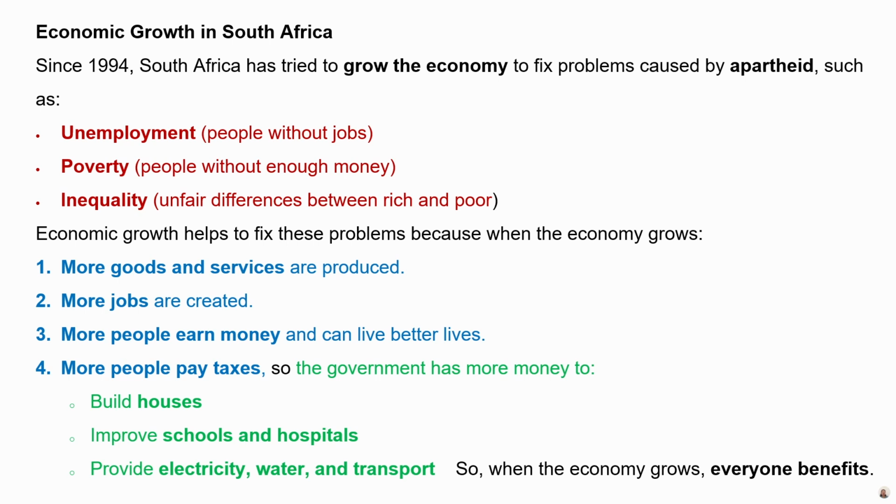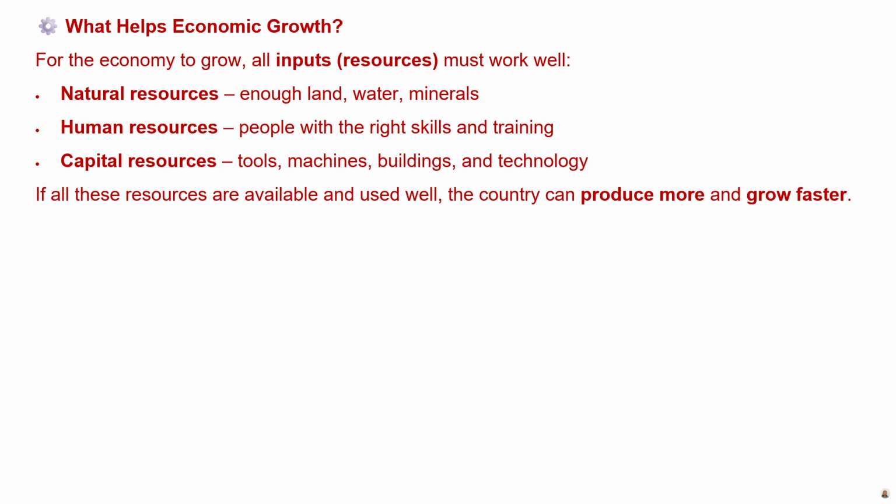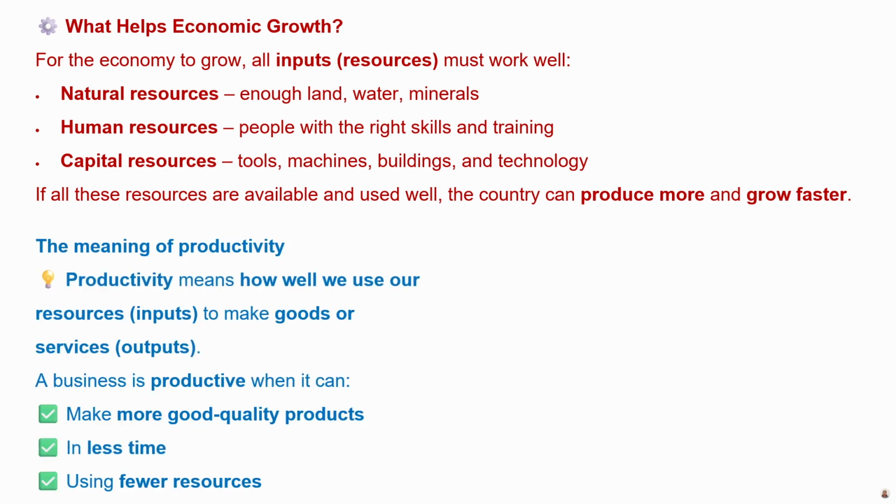And our government used this tax money to improve the economy by building houses, improving schools and hospitals, providing good infrastructure like electricity, water, and transport, and helped our economy grow. And this benefited everyone.